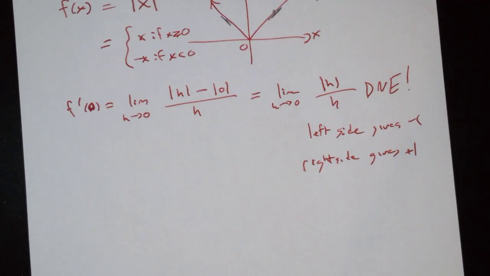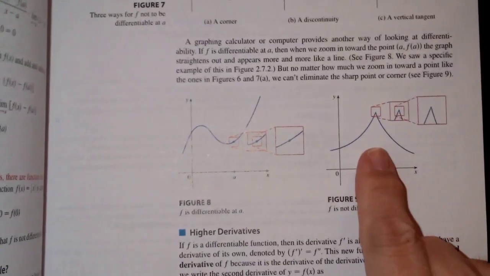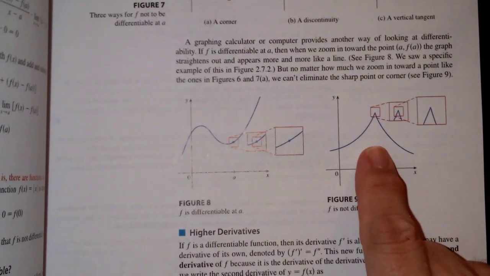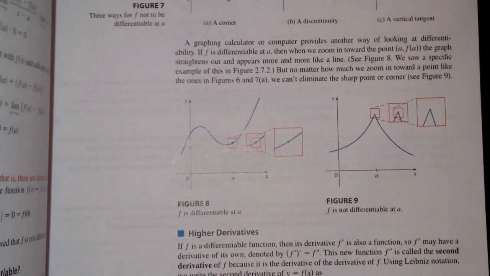And if I look back at the graph, the thing that I see in the graph that alerts me to this being a problem is that corner. Whenever I see a sharp corner like that, I have a problem. On page 159, we see a sharp corner. And because we are taking a limit, I'm going to zoom in on that sharp corner.